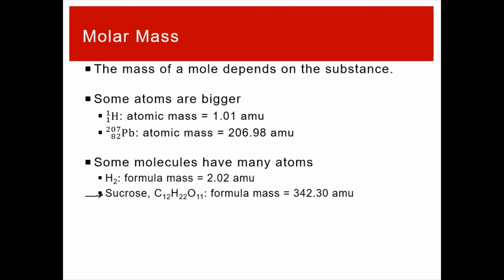There's just a lot of atoms in that molecule where the formula mass starts to creep up. You're looking at 342 AMUs. That's much bigger than, say, a single large lead atom. So with bigger and bigger molecules or atoms, the mass of the individual object is bigger or smaller, depending on what you're counting. And so the mass of a mole is going to depend on the substance.